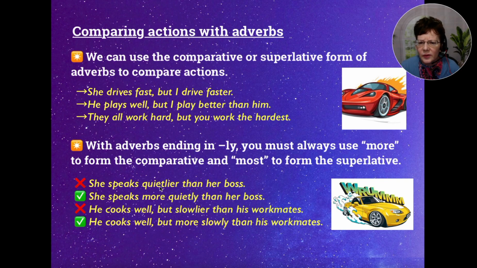You see, the top one isn't correct. We have to say more quietly. And then he cooks well, but slowlier than his workmates. So that one obviously isn't correct. It should be he cooks well, but more slowly than his workmates.